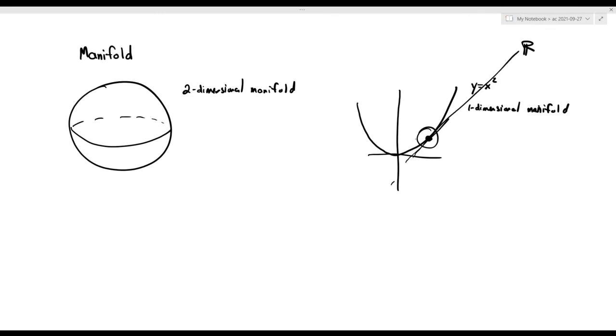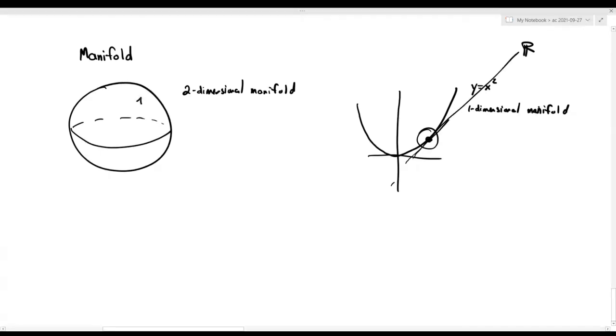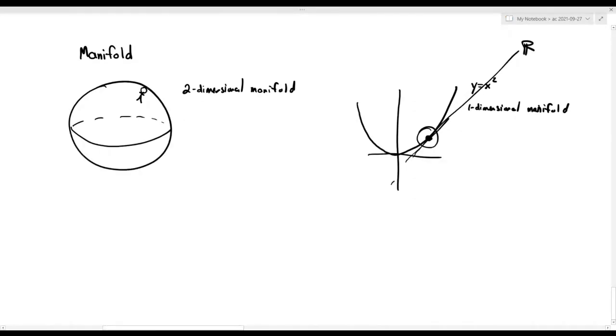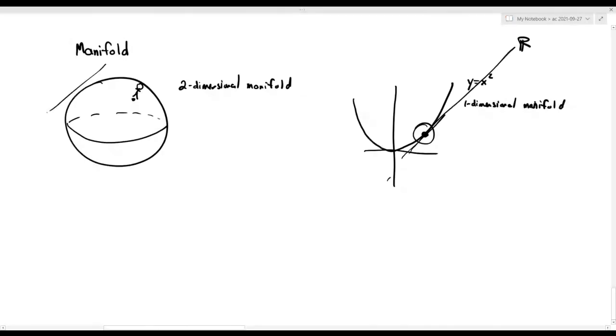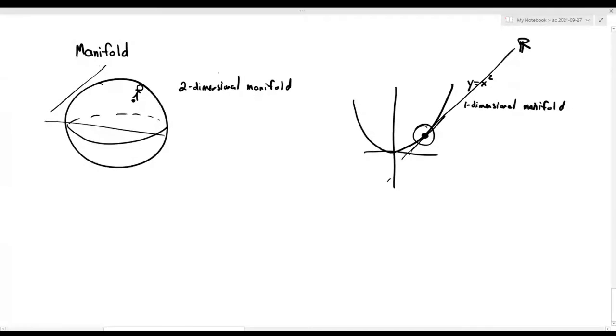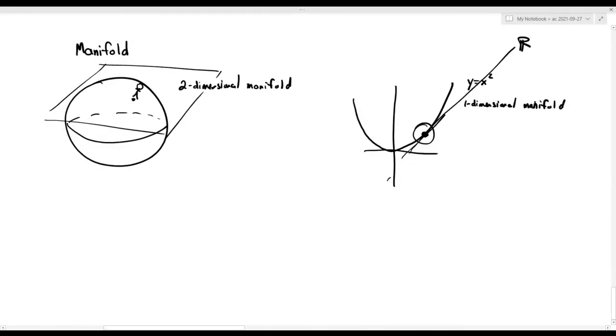So if you're an ant, let's say a person, because this is, let's say, Earth, over here, locally you think you just live in two dimensions, right? You know what I mean? So at each point, it turns out we can draw a unique tangent plane. It's two-dimensional. A plane is two-dimensional.